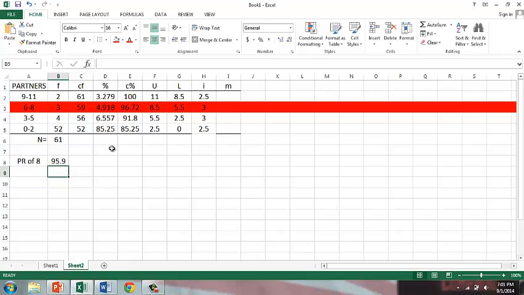And I get an answer of 95.9%, which means that a score of 8 is as high or higher than 95.9% of the sample. Or in other words, 95.9% of the sample score an 8 or lower.